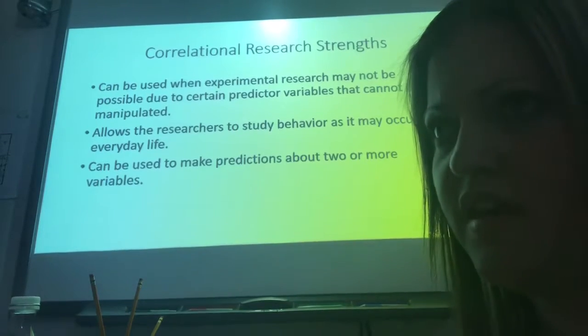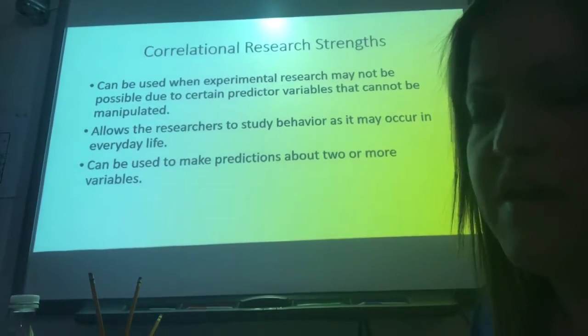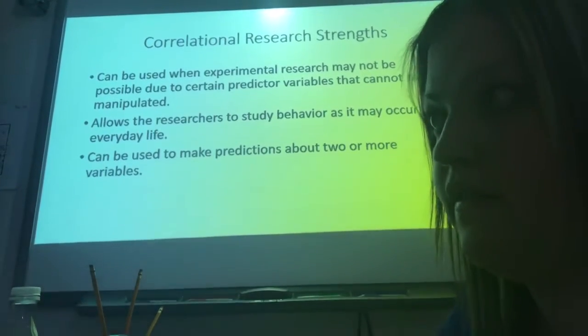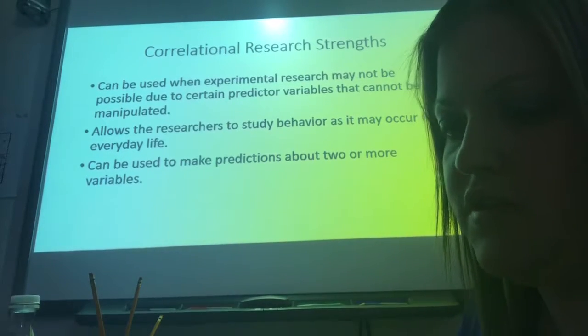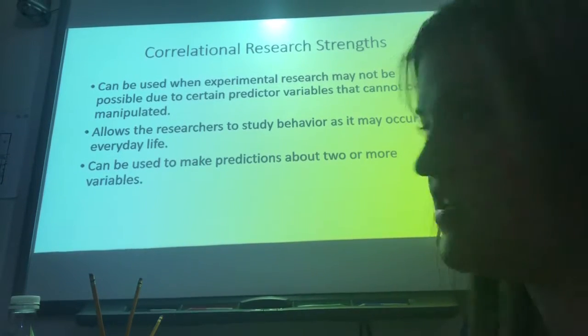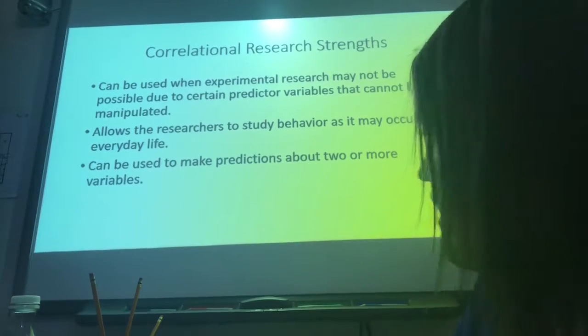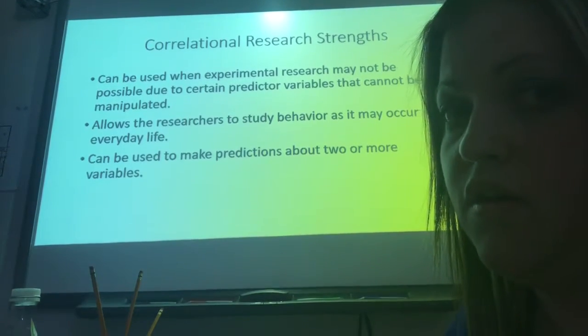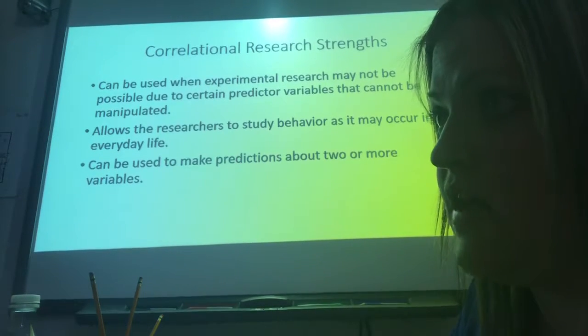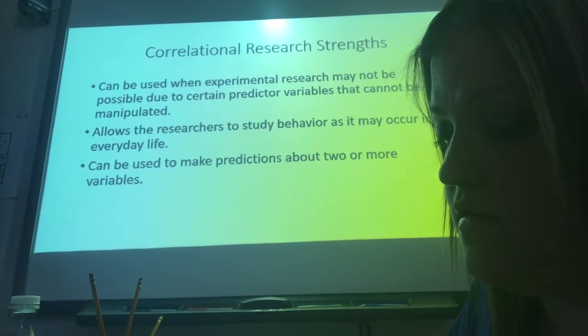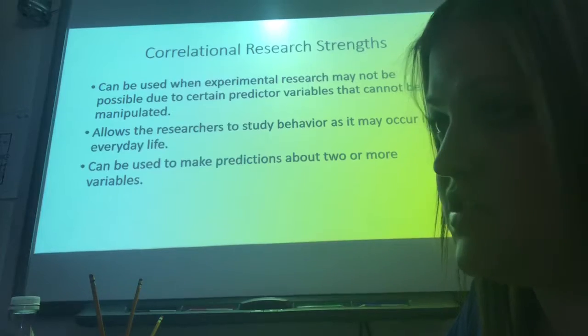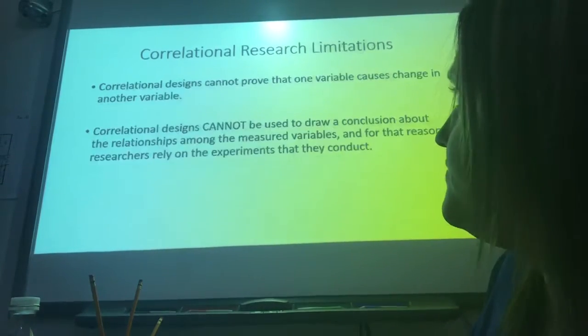And I'm particularly thinking about students' behavior just because that's what I do for a living. So what can trigger a student's behavior and how can we change that in order to get more positive behavior? And it can be used to make predictions about two or more variables. So if I eliminate one variable, maybe this other variable will increase or decrease or etc.